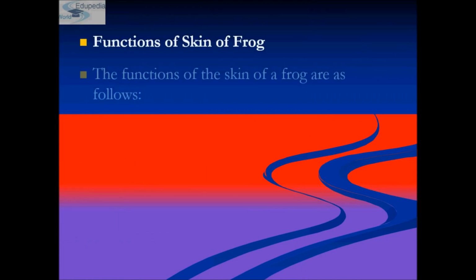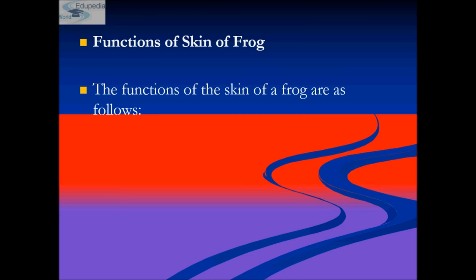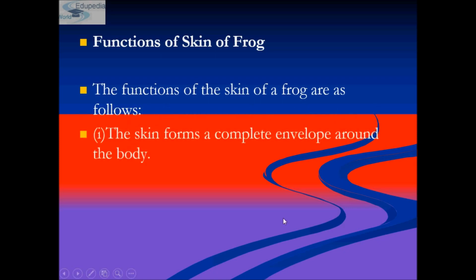Now let's see the functions of the skin of a frog. The skin of the frog is very smooth and slippery due to the presence of mucus, and it is always maintained in a moist condition. The functions are as follows.